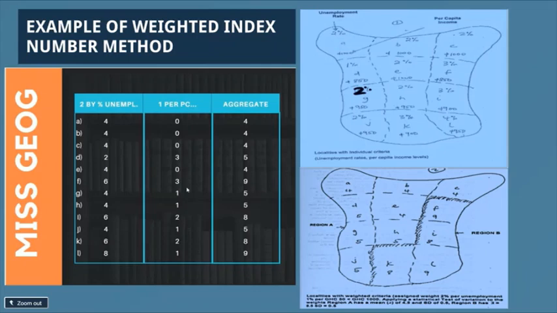And as for this one, this was how we are going to define it. We stated that for every per capita income less than 1,000 cedis by 50 Ghana cedi, it is going to be represented by 1.